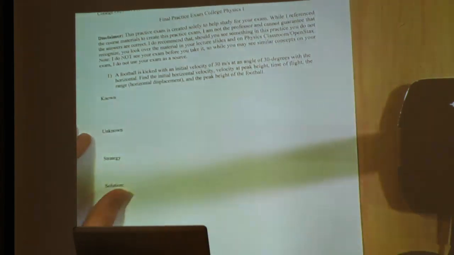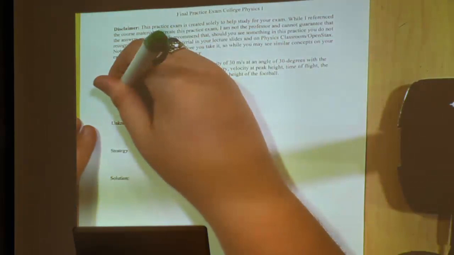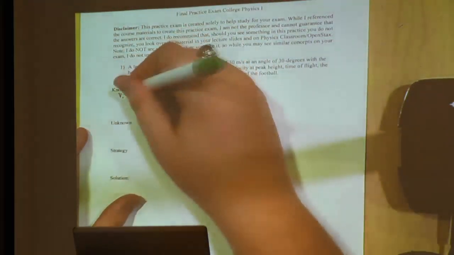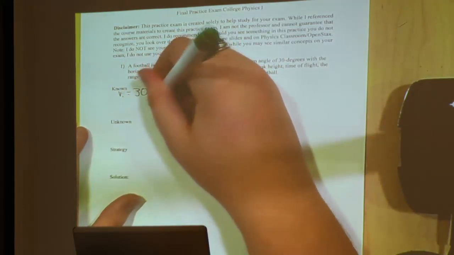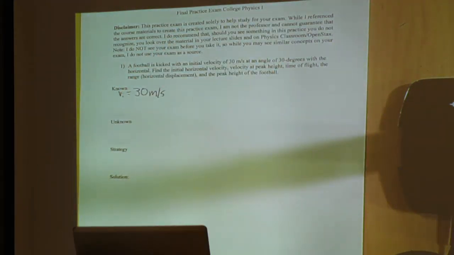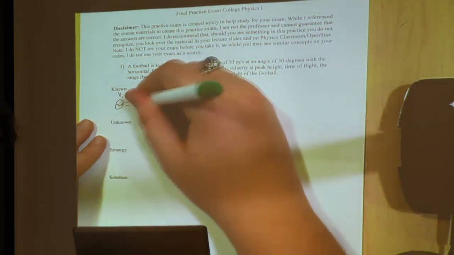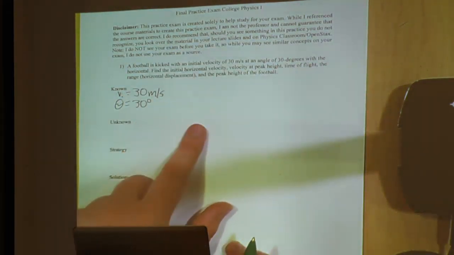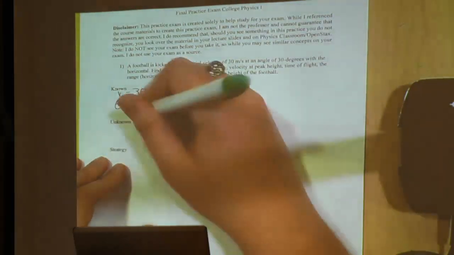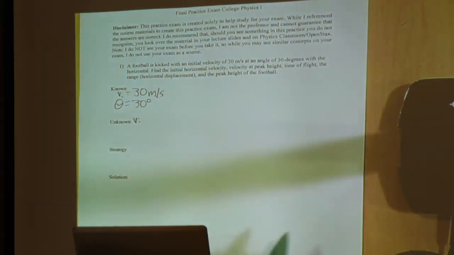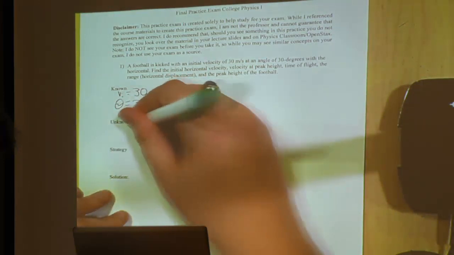So we're going to go ahead and write down the information that we have, which is VI, so that's velocity initial, of 30 meters per second. We also have an angle of 30 degrees with the horizontal, and then we need to find the initial horizontal velocity, which would be VI what? Which variable would we consider? Good, VIX.